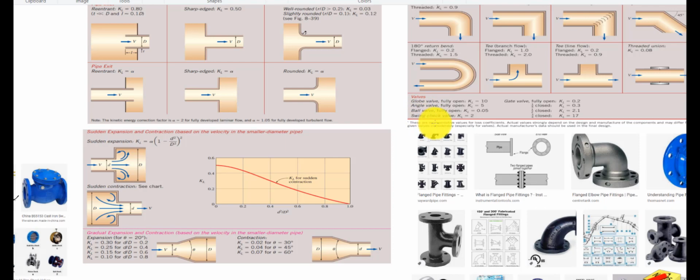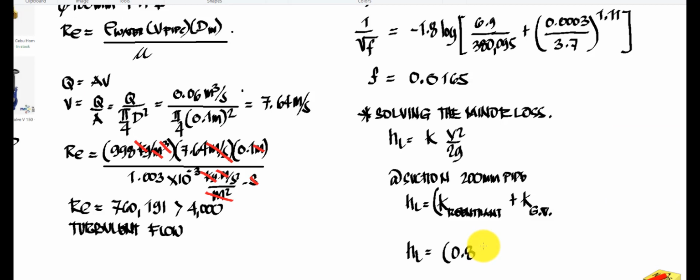So we have the gate valve here. For fully open, we have the KL of 0.2. So we'll be using this one, 0.2. Now, we don't have other fittings except this one, but we're going to disregard it since it is not shown in the figure.